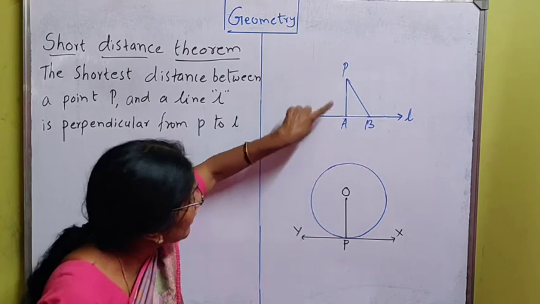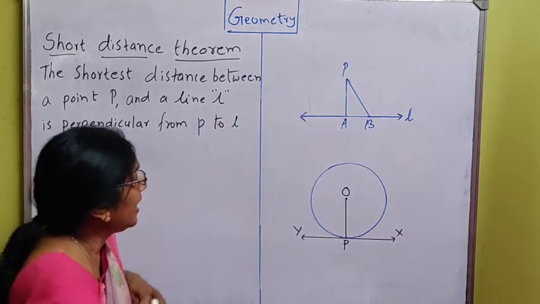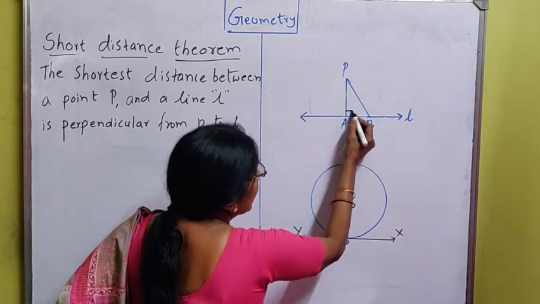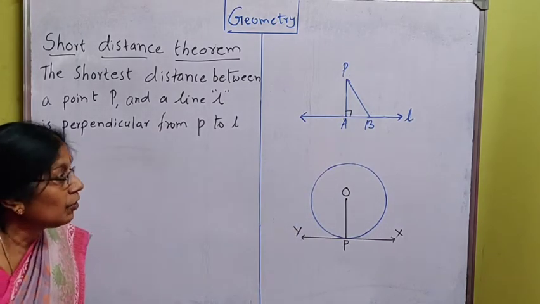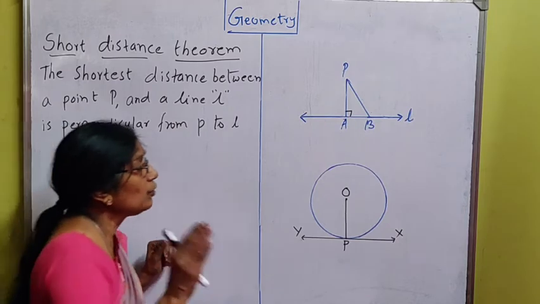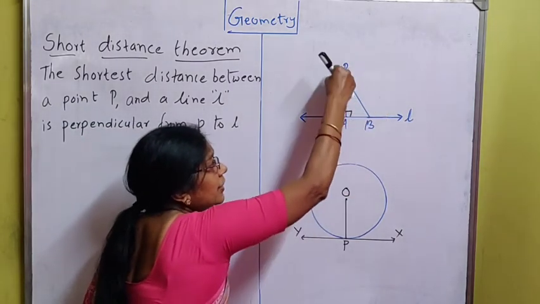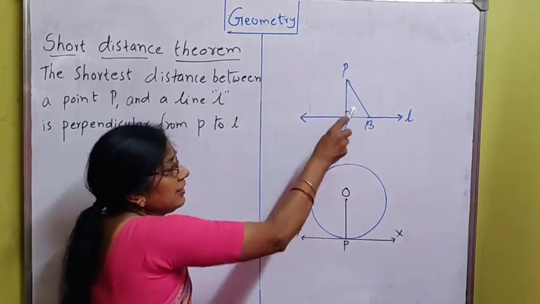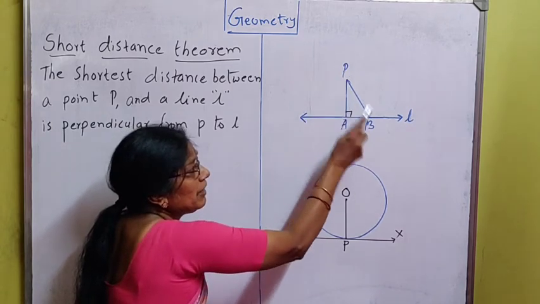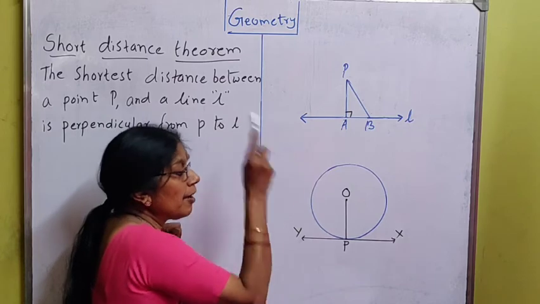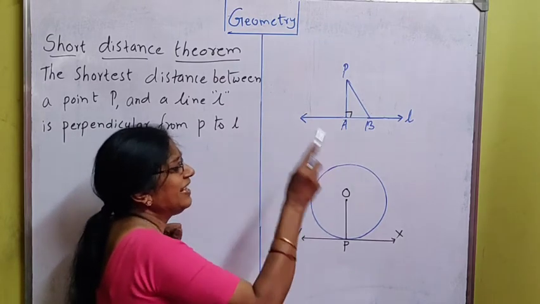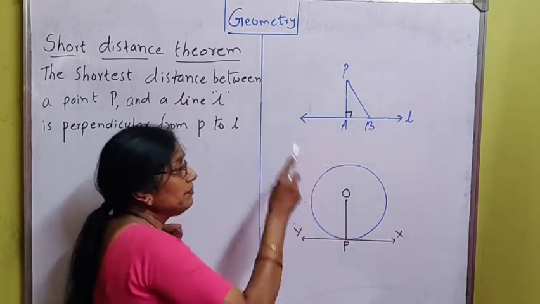If I take this triangle as a right angle triangle, we can apply the Pythagoras theorem. In a right angle triangle, the hypotenuse, the side opposite to the right angle, is PB, and the other side is PA. I am taking the lines from point P to line L, that is PA and PB.